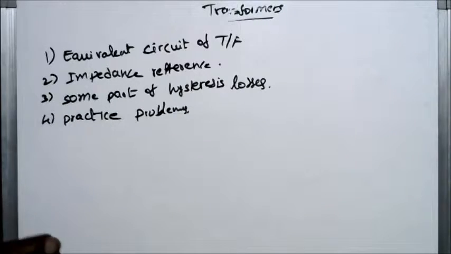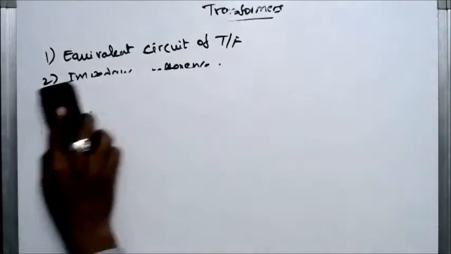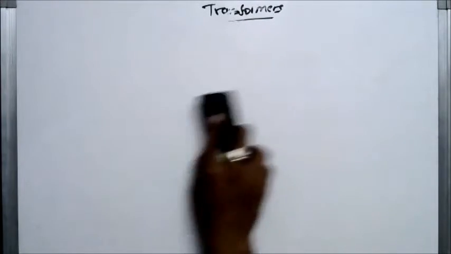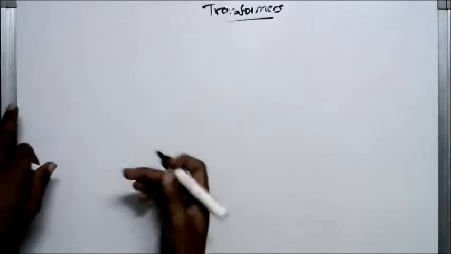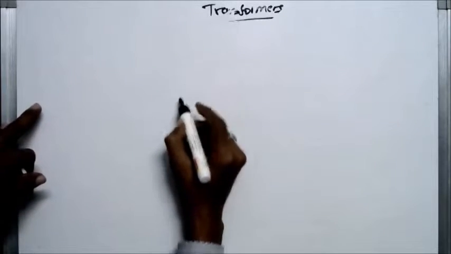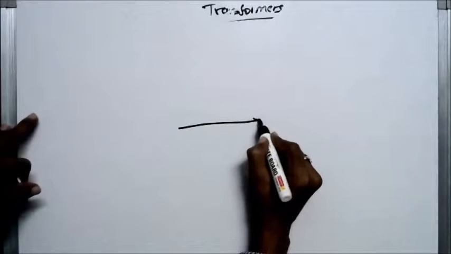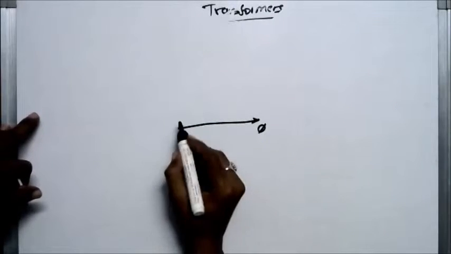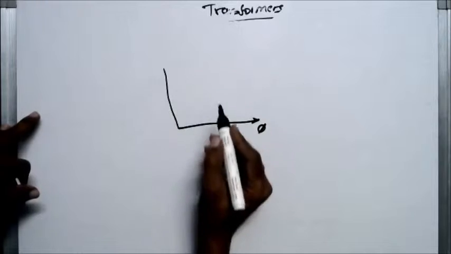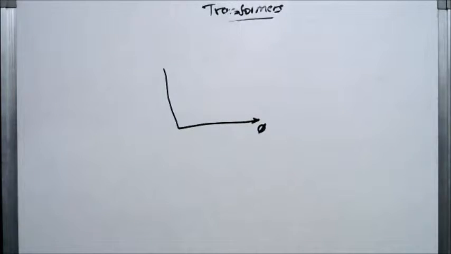Okay, first one. Yesterday in the previous class we left the phasor diagram of the ideal transformer under loaded conditions. So this is done here. See here, first we'll take phi as reference, then V1, the applied voltage.